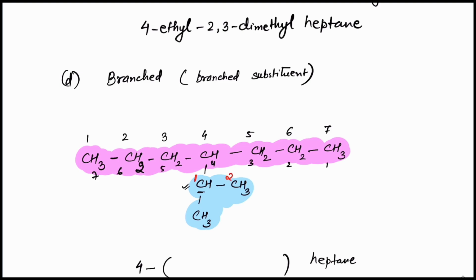So this substituent has 2 carbon atoms in its chain and it has 1 methyl group attached at carbon number 1. So the name of this substituent will be 1-methyl because of this group, and it has 2 carbon atoms in its chain, so 1-methyl ethyl. So that is the name of this compound.